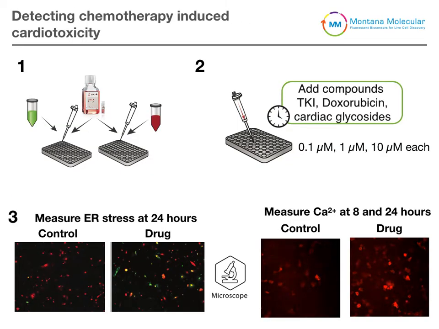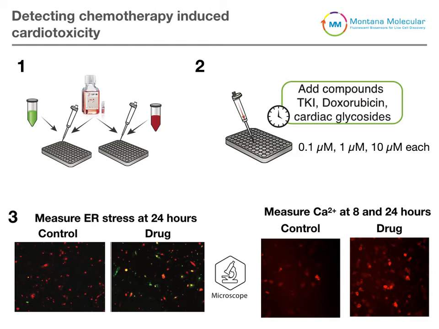Using this assay, along with our assay for calcium, known as R-GECO, we decided to screen for different cardiotoxic effects of a number of different chemotherapeutic compounds, including doxorubicin, tyrosine kinase inhibitors, and another class of cardiotoxic compounds known as cardiac glycosides.